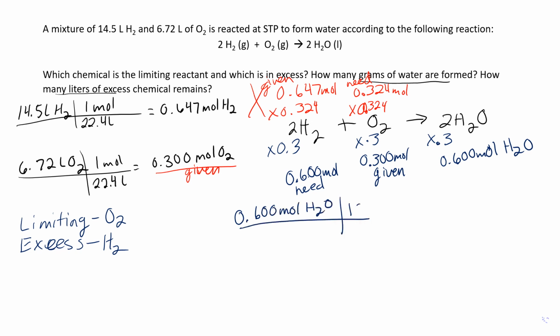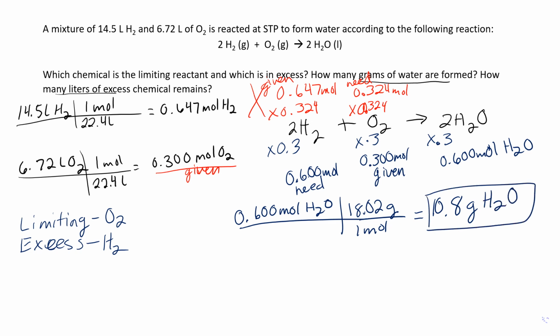The molar mass of water is 18.02 grams per mole. So 18.02 times 0.6 gives us 10.8 grams of water produced from the reaction.